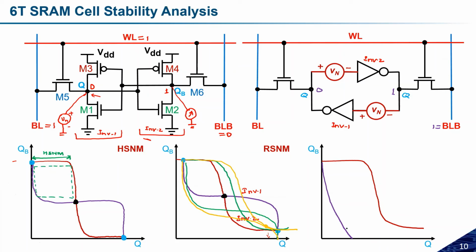The simple thing is, if we have Q at logic 0, and I'm increasing the voltage from 0 to 1, this is absolutely possible. We can change the logic from 0 to 1. But because QB is at logic 1, in that case we cannot change 0 to 1, because this kind of noise is not possible.